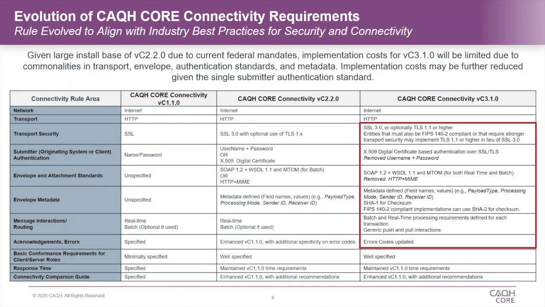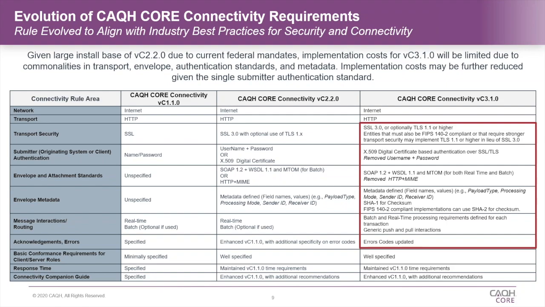It's important to understand that the latest version of the core connectivity, version C3.1.0, has very specific requirements related to transport security, submitter authentication, envelope and attachment standards, envelope metadata, etc. There have been some significant updates made to the rule to adopt and adapt to the latest versions of very specific standards.